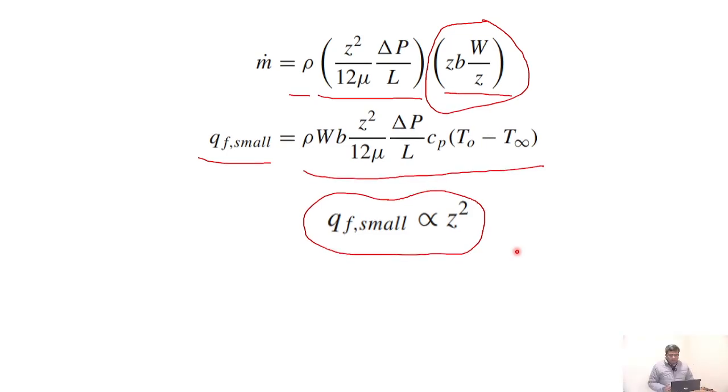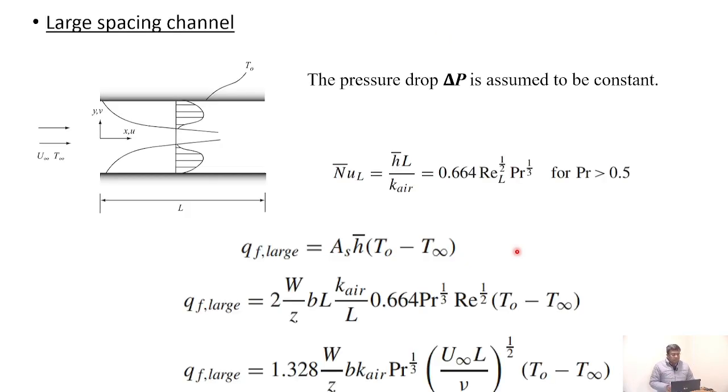And we'll do one more thing. Like in the previous case, we also work on the large spacing channel. And in the large spacing channel, we can directly use the Nusselt number correlations.